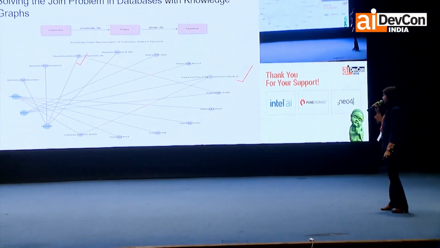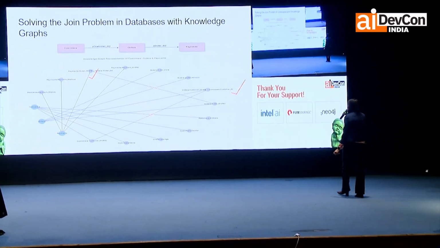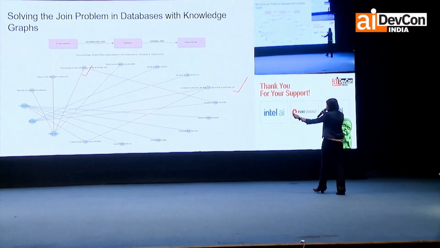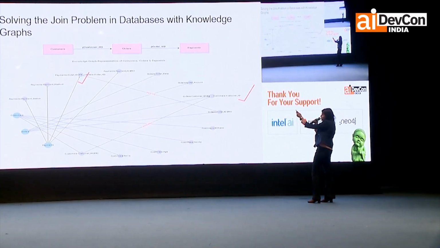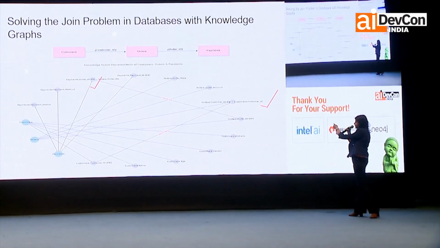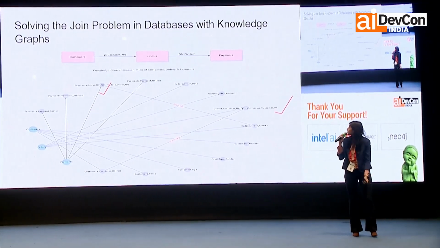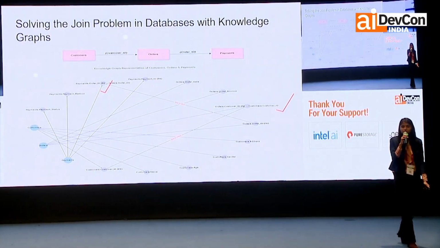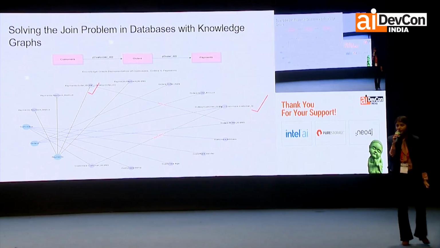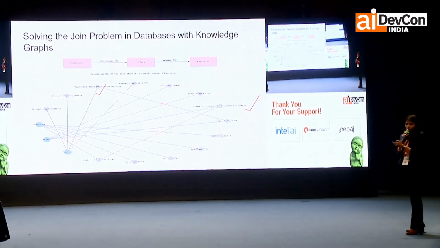And we can see clearly how the tables customer and payments are related. First of all, they are not related directly. There is a relation between customer and orders using customer ID, and orders and payment using order ID. So this is how we need to join these tables in the query. So now our join problem is also solved.